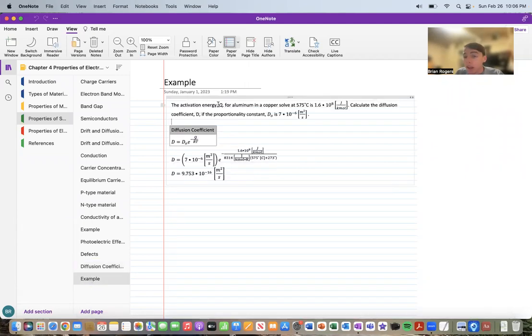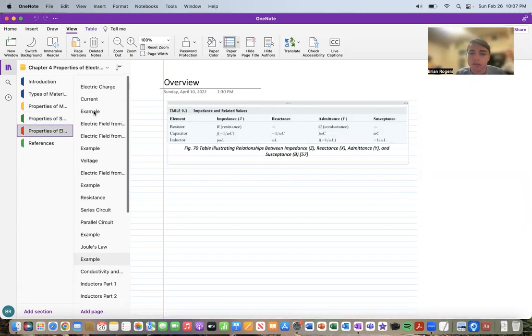If given the activation energy, and you know the specific temperature, and you are given your universal gas constant, then you can plug in that information to find your diffusion coefficient and find out how fast that diffusion is actually occurring within the p-n junction.